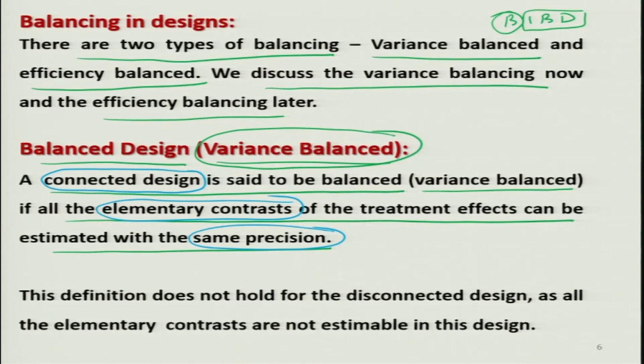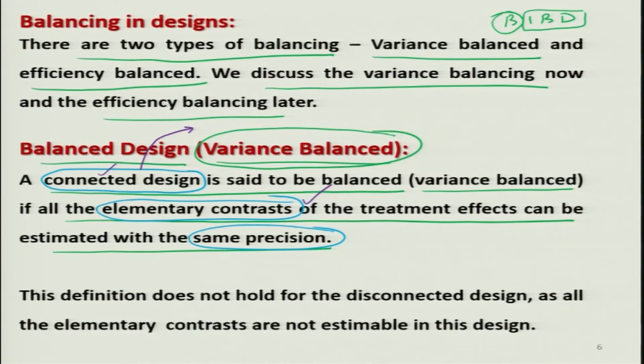Do you remember that we had earlier discussed the concept of connected design, where we said the design is said to be connected if all the elementary contrasts of that design are going to be estimable. So that means we are considering the treatments in the form of elementary contrasts, and they are going to be estimable.